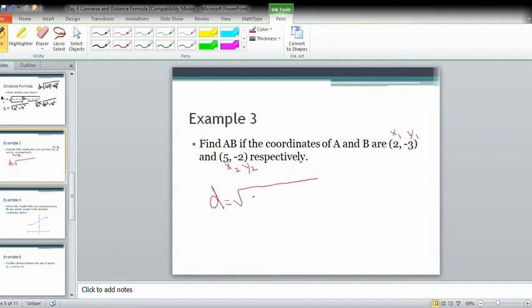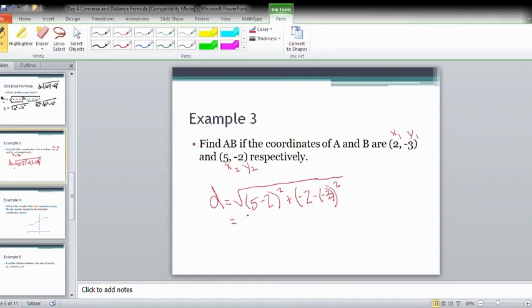I'm going to do the change in x, so x sub 2 minus x sub 1, 5 minus 2, plus change in y, so negative 2 minus a negative 3, all squared.